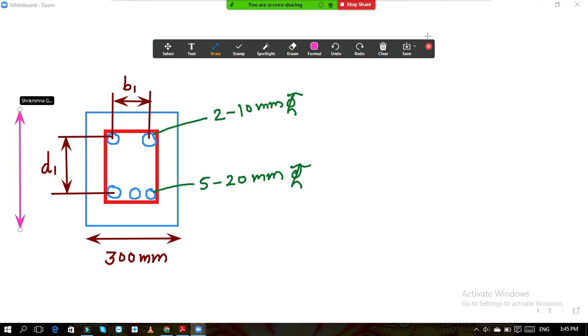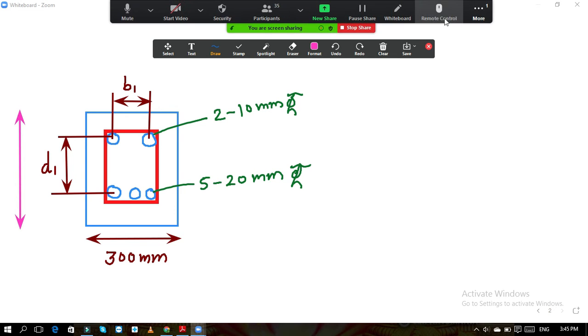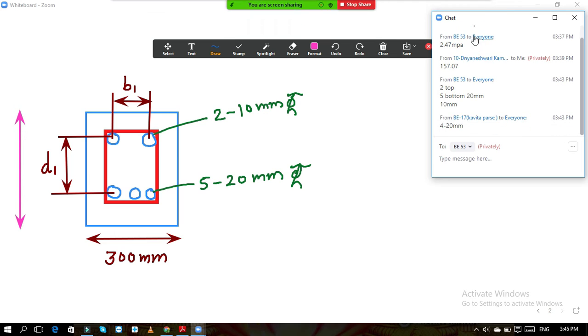How much depth have we provided? I think we have revised the depth now. So what is the depth we have provided? 4 bars of 20 mm at bottom. Okay, so let me know the overall depth of our section, that is our beam. What is the overall depth?